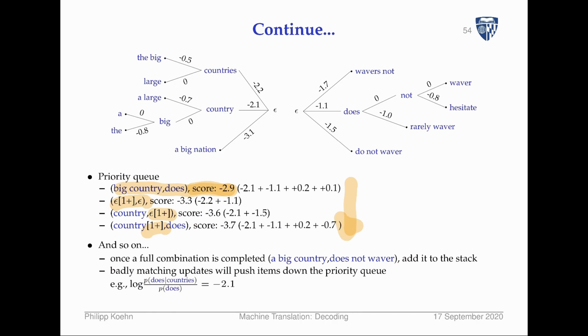So once we have a full combination complete, we add it to the stack. We then have a fully formed hypothesis we can add to the stack. Whenever we come across things like "countries does", which the language model is really not gonna like, this is gonna get pushed down in this priority queue, so it's gonna get ignored.